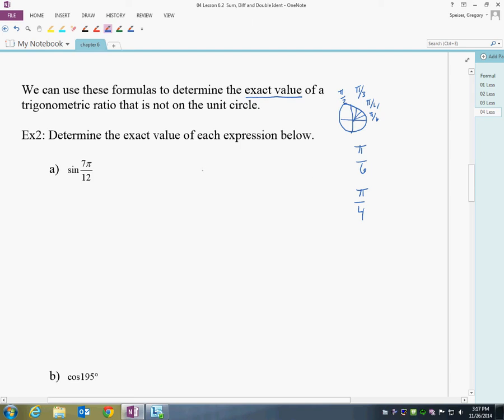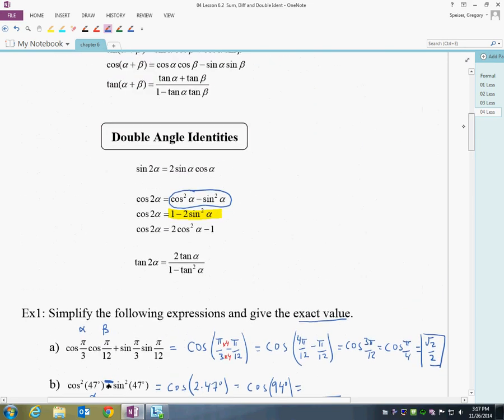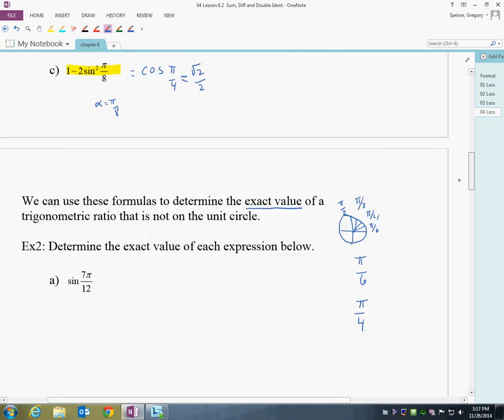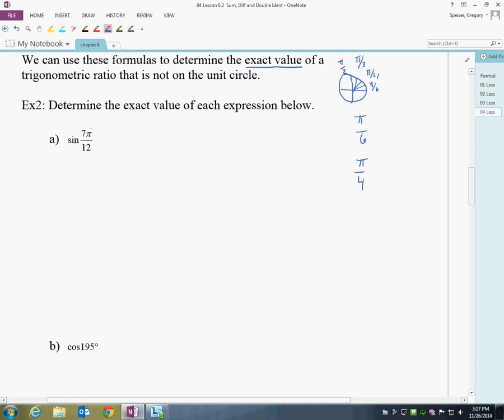What we can do here is use either the sum or the difference formulas. I'm going to pick 2 angles that I know the exact values for, so that when I either subtract or add, I get 7 pi over 12 in our question.